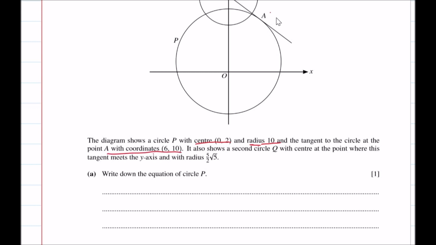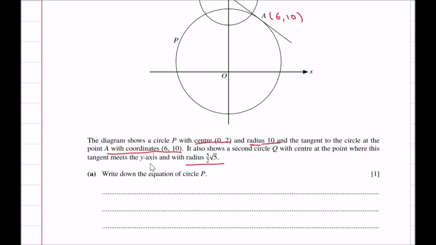Okay, that is 6, 10. It also shows a second circle Q with center at the point where this tangent meets the y-axis and with radius 2 root 5.